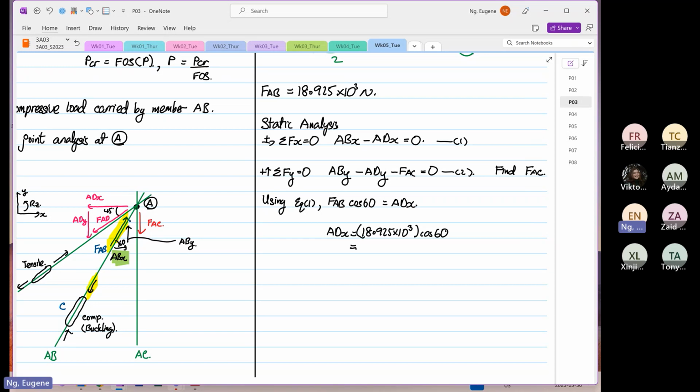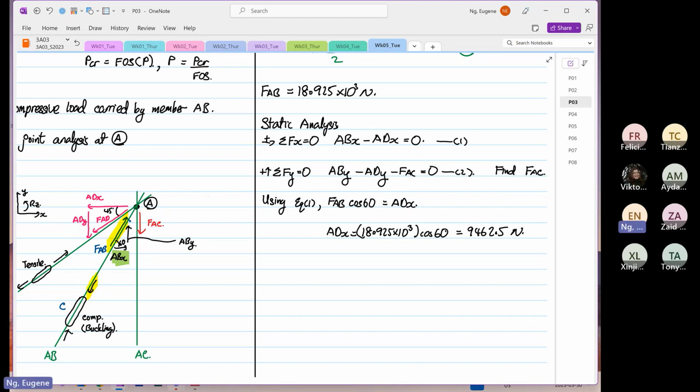So this is equal to 18.925 power 3 times cos 60, which is equal to 9462.5 Newton.